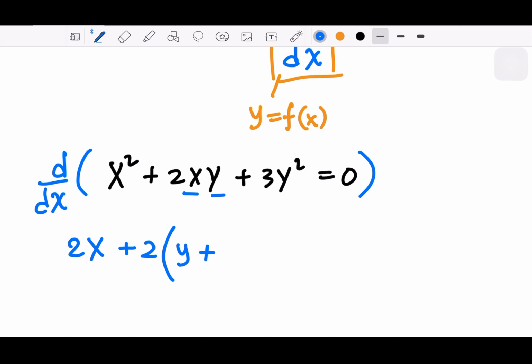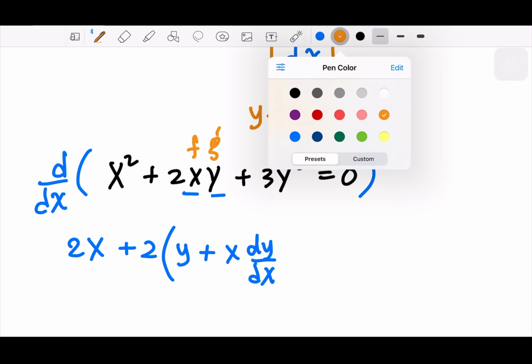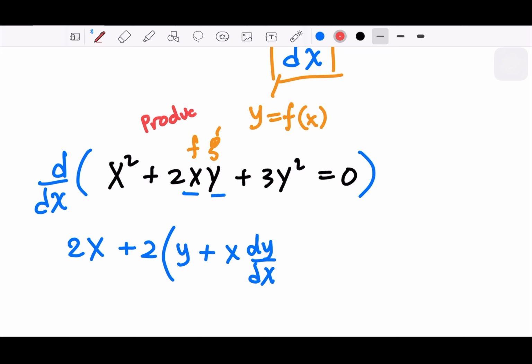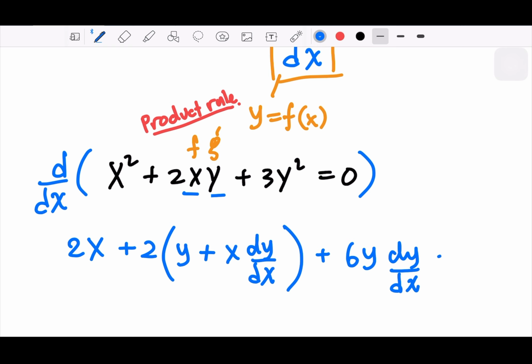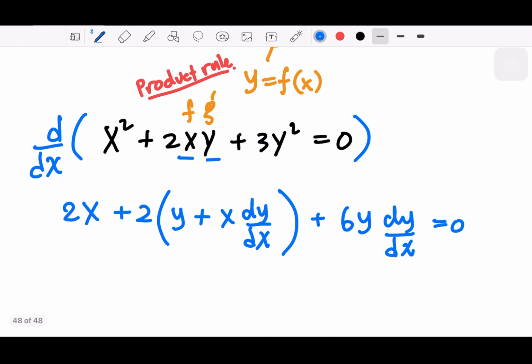And then plus x multiplied by the derivative of y, which is dy over dx. So it's like fg in a product rule. Let me write here product rule. And then plus 6y dy over dx, and then equals 0. And then if it's asking for dy over dx, then we need to solve and find dy over dx.